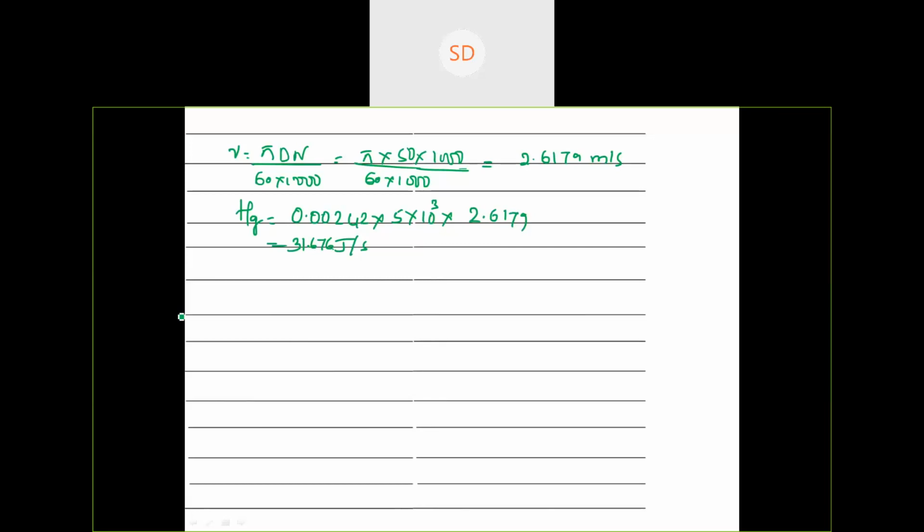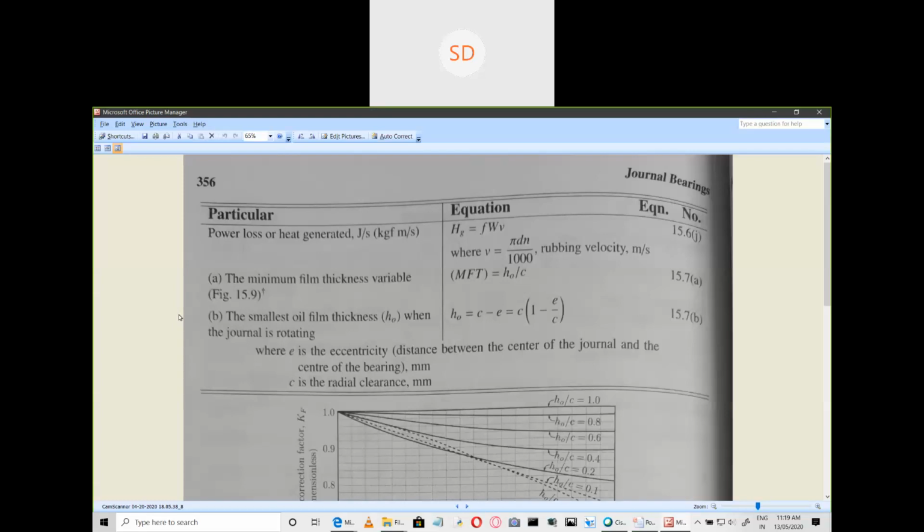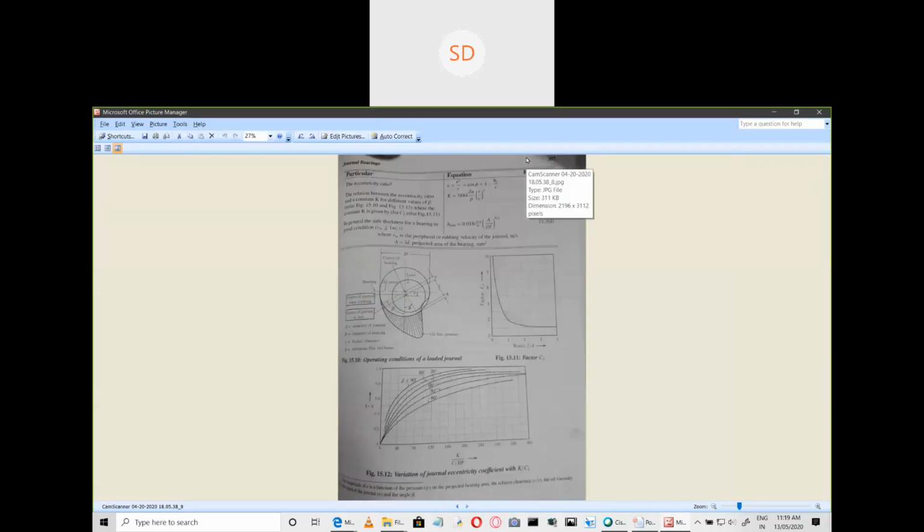So now similarly calculate heat dissipated, and calculate the amount of artificial cooling required. Now for heat dissipated, you have the equation Kp into Ap. Use that equation.